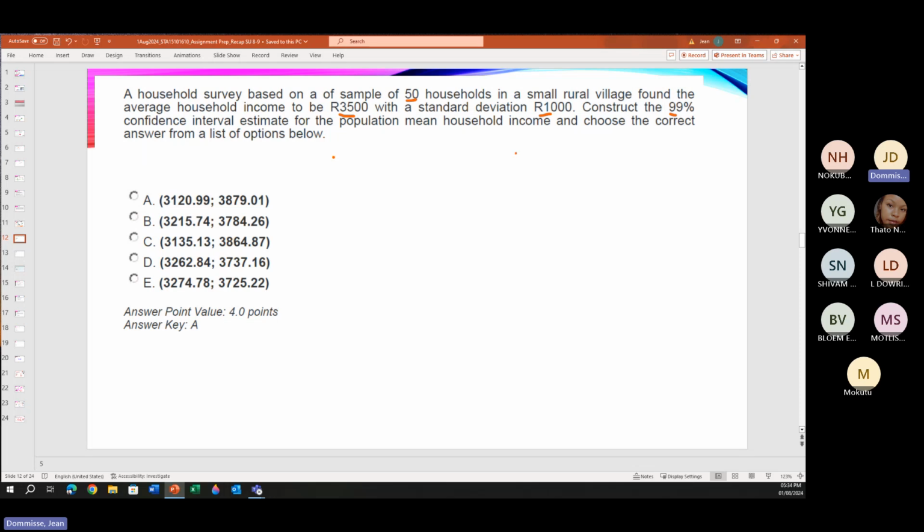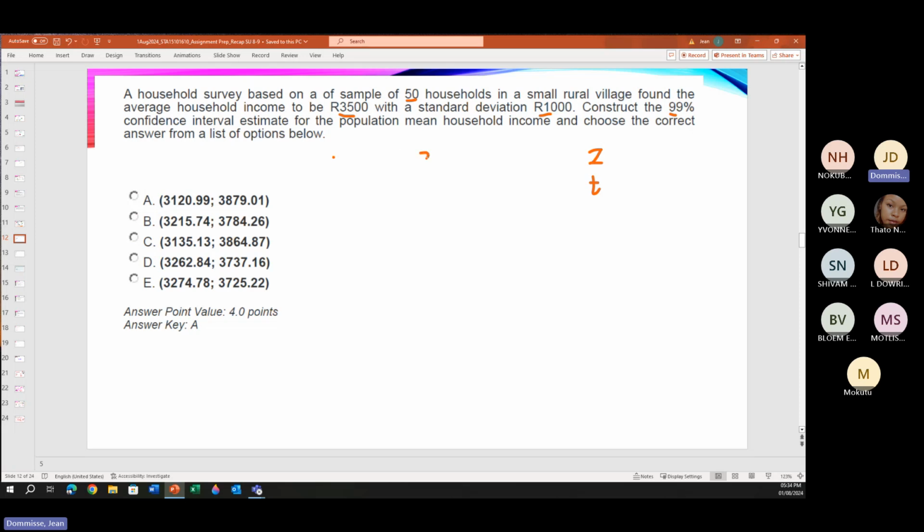Okay, so firstly, are we working with a Z or are we working with a T? They talk about a sample of 50, and of that sample, there was the average household and the standard deviation. So we have a sample standard deviation.